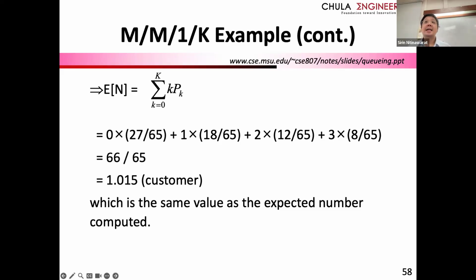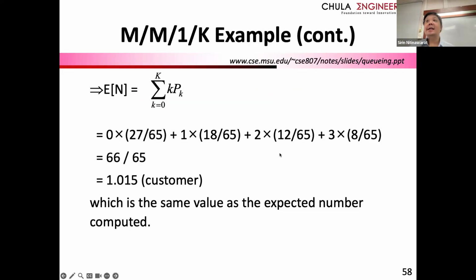But for the capacitated system, you already reject the chance of future service for customers that are coming in when the system is full. That's why you always see the reduction of utilization factor from the uncapacitated system to the capacitated system for the same traffic density, or rho, simply because of customer rejection.